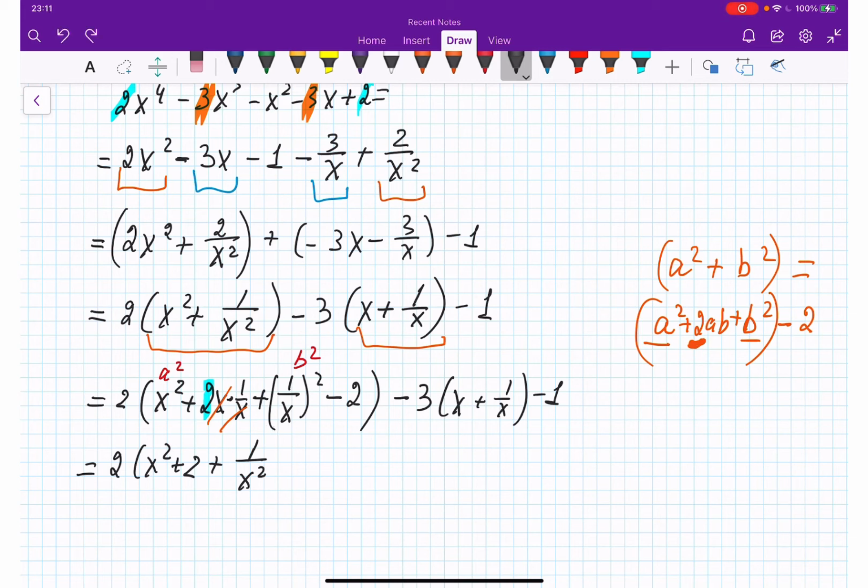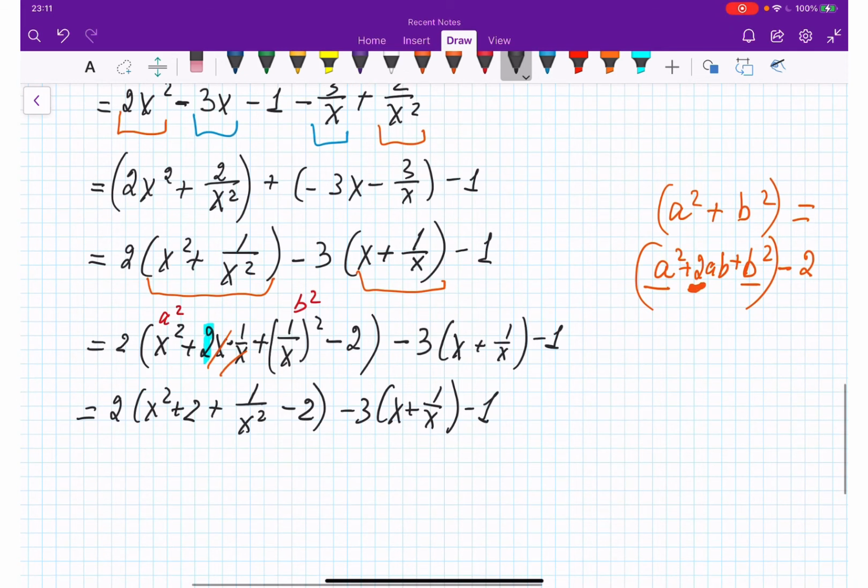And minus 2, minus 3 times x plus 1 over x, minus 1. This 2 is not necessary, right? It's preventing me from creating a perfect square. Therefore, I'm just going to distribute these 2 by these 2 and take it out.